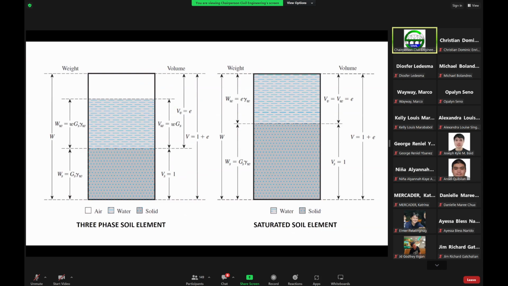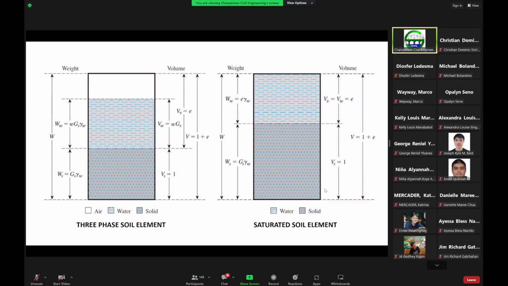So comparing now the two phase diagrams, you have here the phase diagram and the formulas for the weights and volumes, considering a three-phase soil element with air, water, and solid, with the volume of solids equal to 1. On the right figure, you have the same condition wherein the volume of solids is equal to 1, but this time you have a saturated soil element.